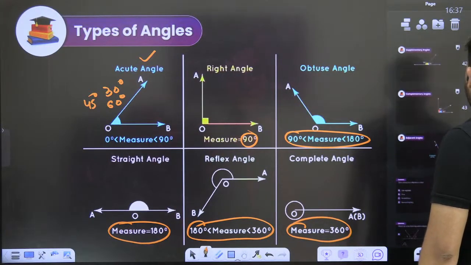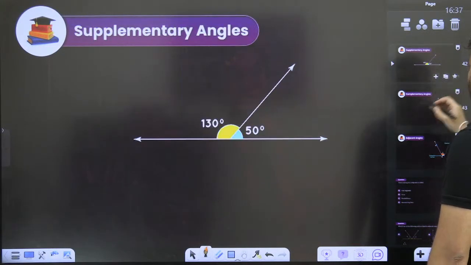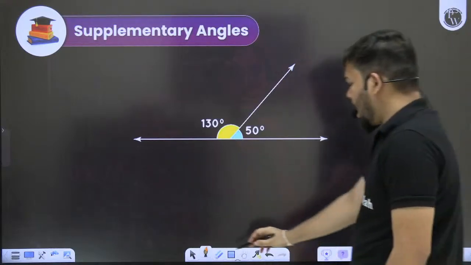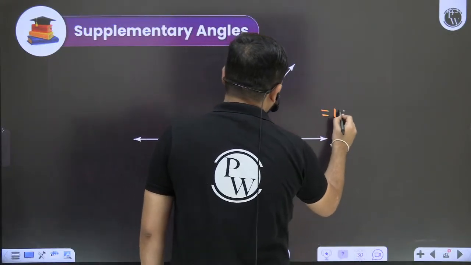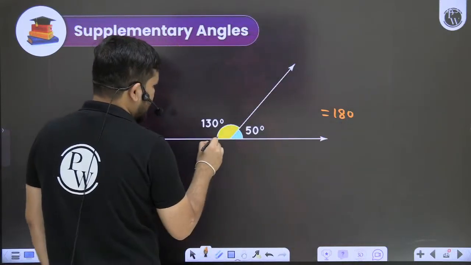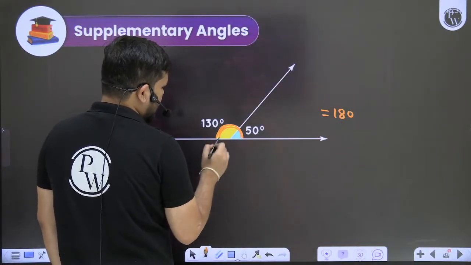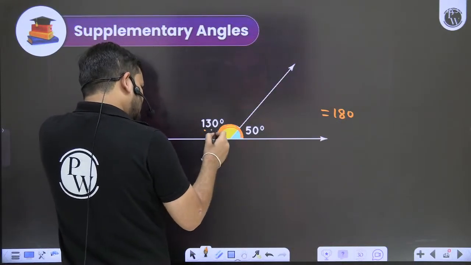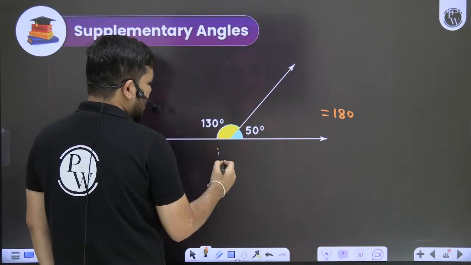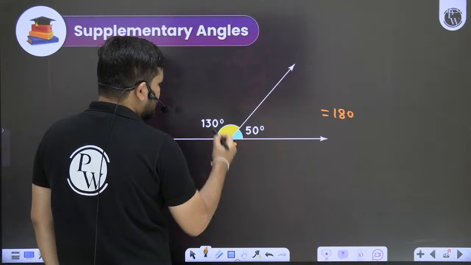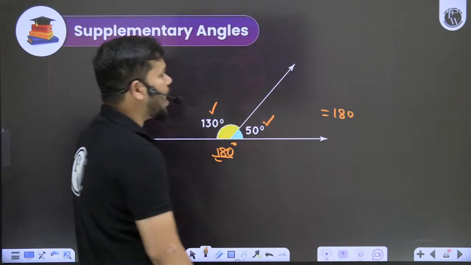Chalo, next one, supplementary angle. If the summation of two angles is equal to 180, then these two are supplementary angles. Now you can see here, 130 plus 150 after adding these two angles, yellow one and blue one, what am I getting? 180. 180 means these two angles are supplementary angles.